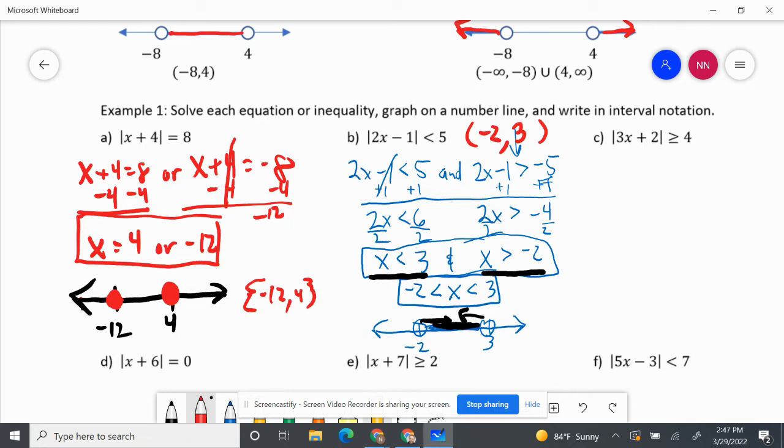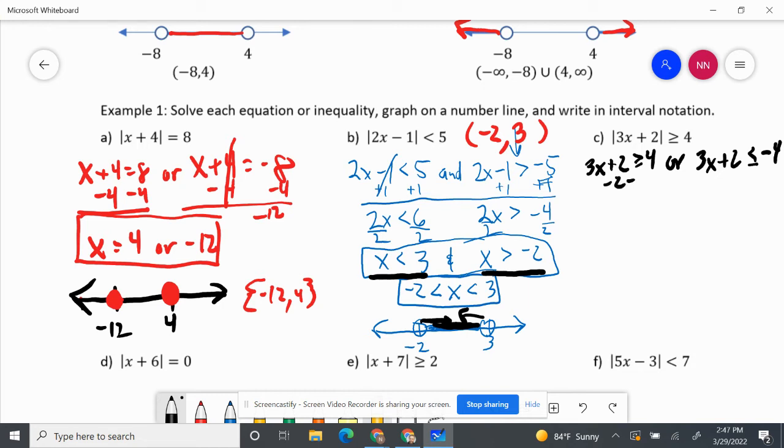Now for the next one, once again, what I'm going to do is I'm going to write two different inequalities. I have the 3x plus 2 is greater than or equal to 4, or, because it's greater, 3x plus 2 is, and then I change the inequality because I'm changing the value of the number. It's no longer 4, it's negative 4.